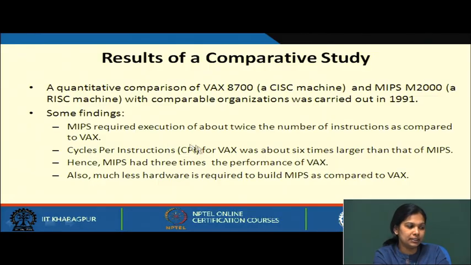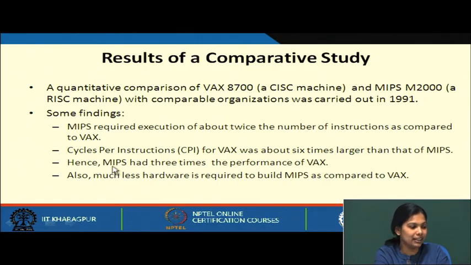There is a parameter that we will look at a little later, cycles per instruction, which we call CPI. So, for each instruction, what is the number of cycles that it requires? For the VAX machine, it was about 6 times larger than the MIPS machine. Ultimately, one machine, VAX, may take only 3 instructions to execute, but each instruction takes more cycles, whereas MIPS had 3 times the performance of VAX.